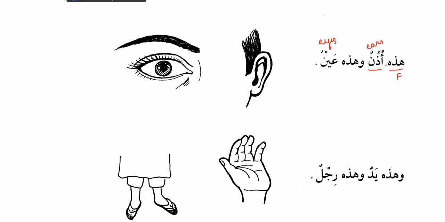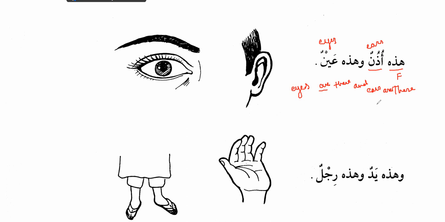So seeing that it is in pairs, we will translate as these are ears. We will go according to the English language, and these are eyes. In English, you cannot say these is eyes, so you need to put are.